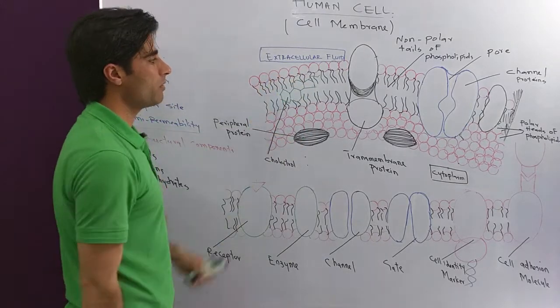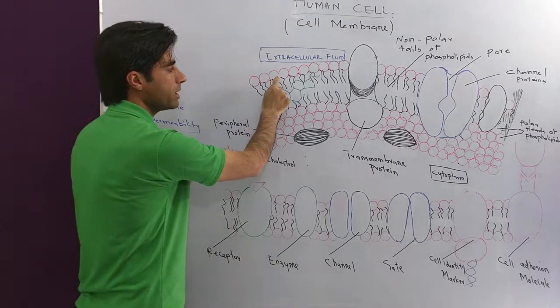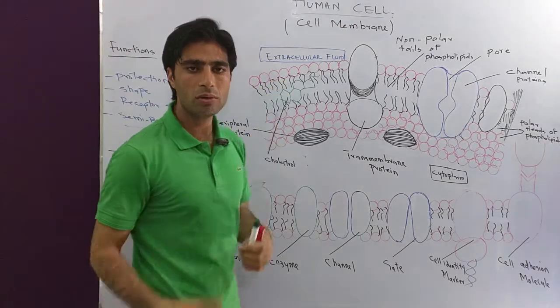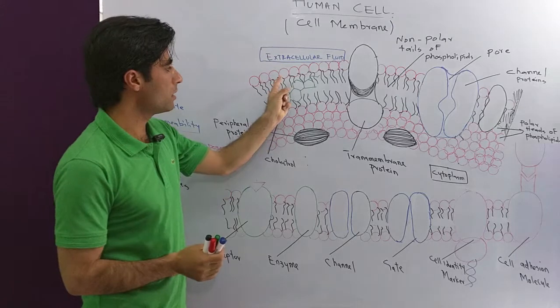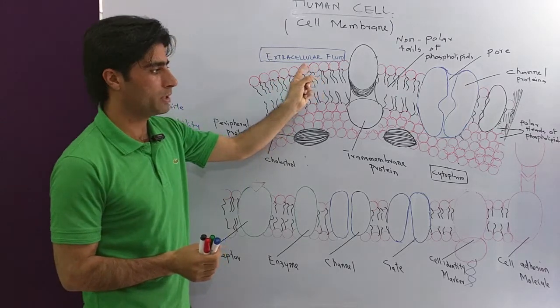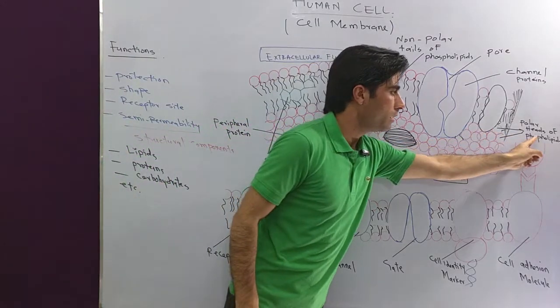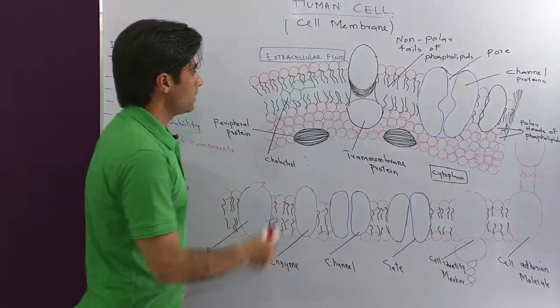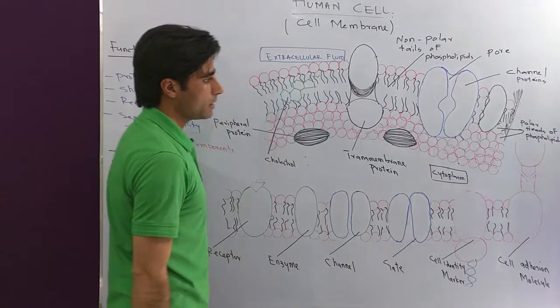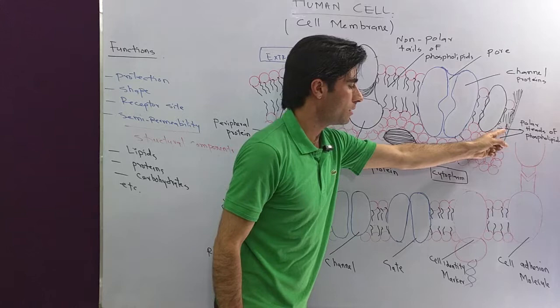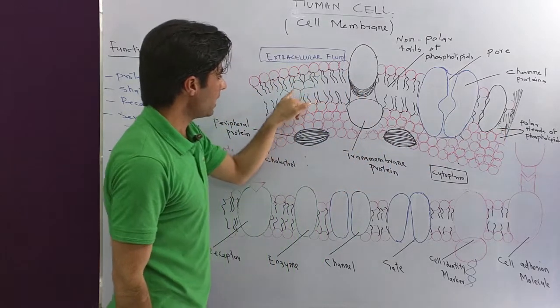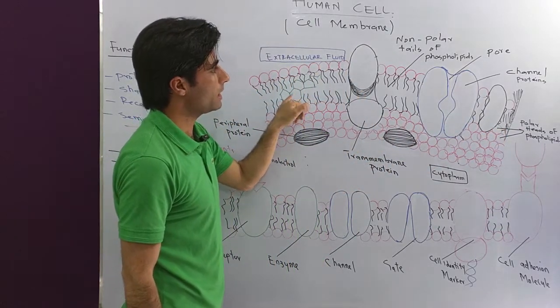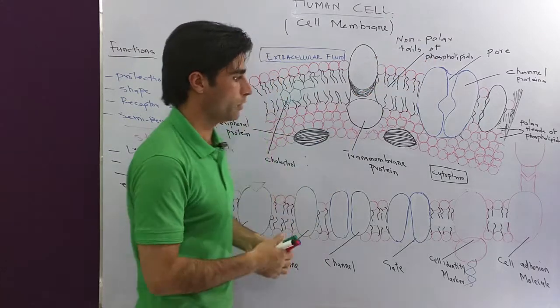The plasma membrane is made up of phospholipids. These red and black colored molecules are actually phospholipids. The red structures are the polar heads of phospholipids, and the black portions are the non-polar tails of phospholipids.